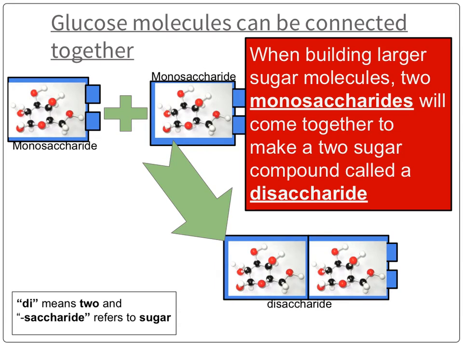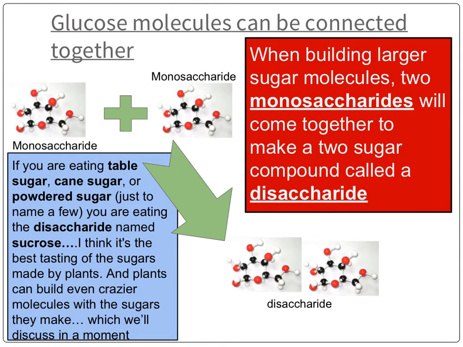So to reiterate, when building a larger sugar molecule, two monosaccharides will come together to make a two-sugar compound called a disaccharide. And di means two, so that makes sense. If you're eating table sugar, cane sugar, or powdered sugar, just to name a few, you are eating the disaccharide named sucrose. OSE ending, so you know it's a sugar.